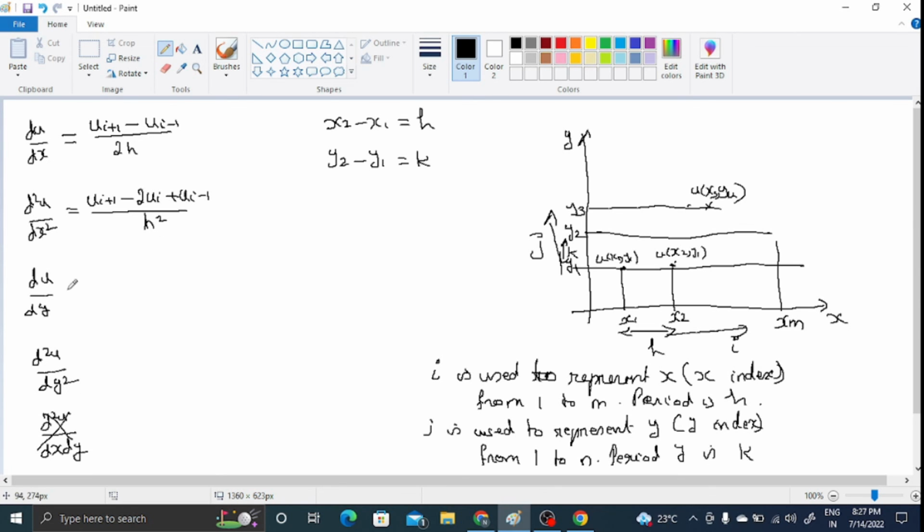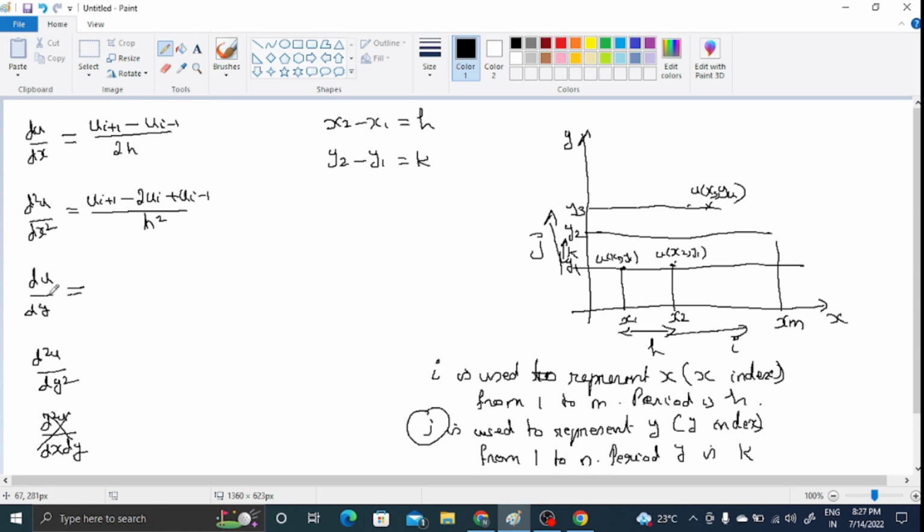Now please say what is du by dy. What could du by dy be? Please note, in du by dy, the independent variable is y, and the index of y is j. j is the index of y. Now what can we write?